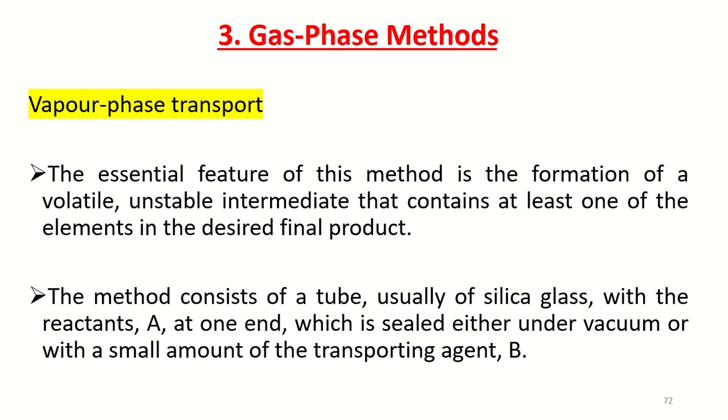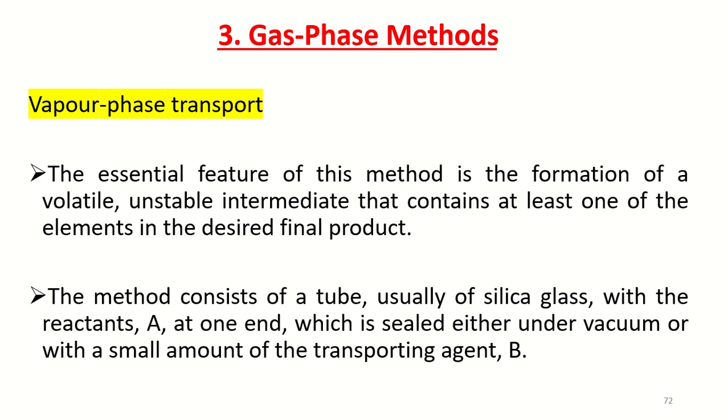Actually, the synthesis of new compounds and growth of the single crystals of that new compound is quite helpful for the better characterization and for the better understanding of the properties of any newly synthesized compound. It involves chemical transport along a temperature gradient via vapor phase.